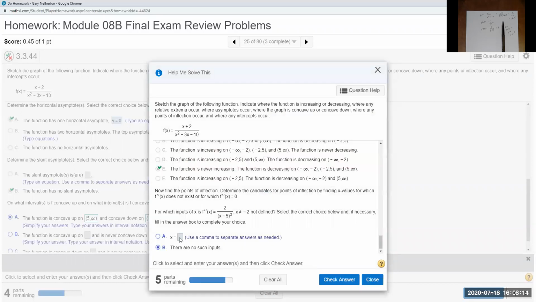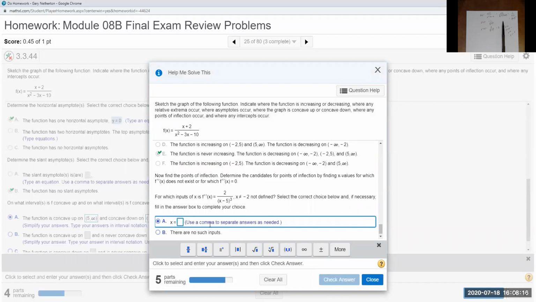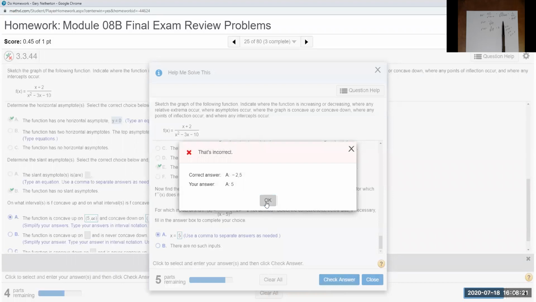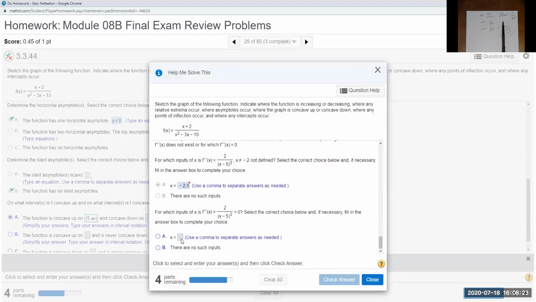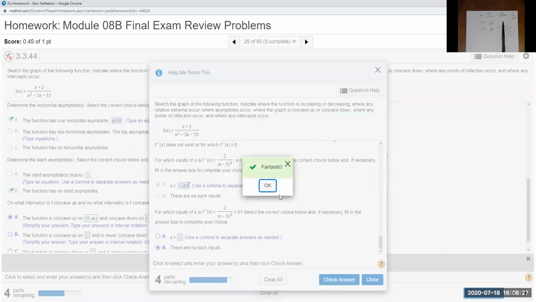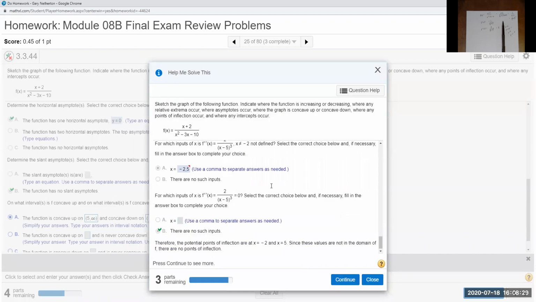Oh, undefined, sorry. 5. Same thing. No points of inflection.